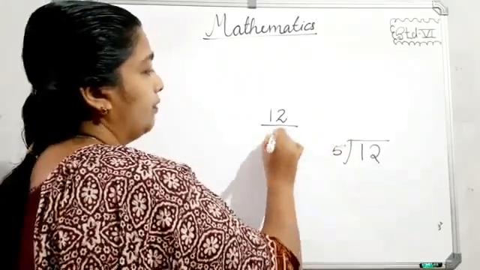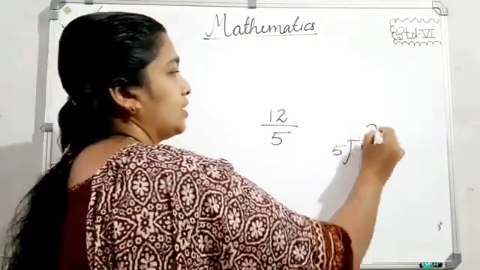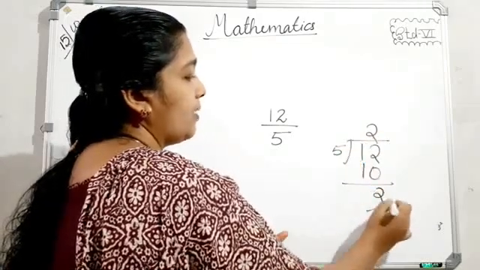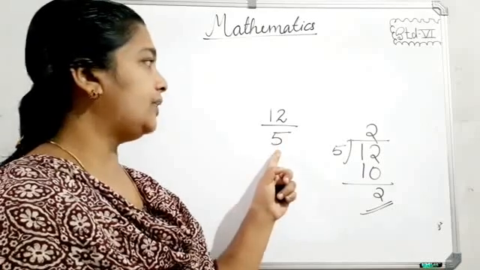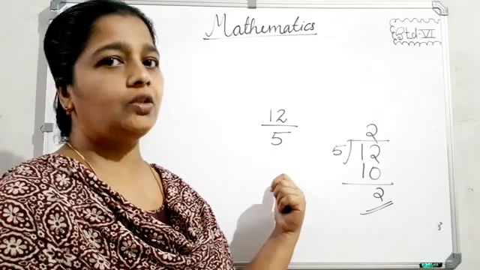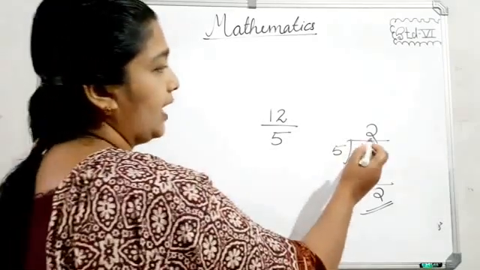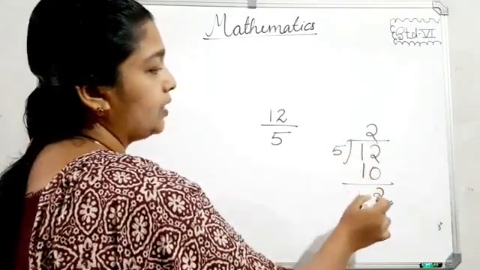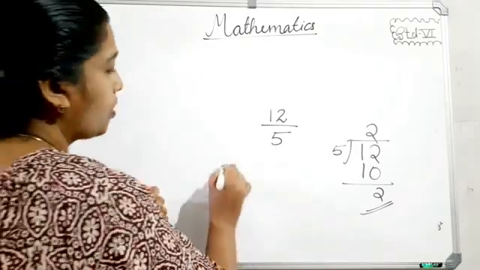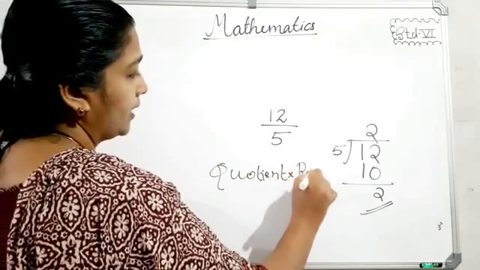Understand? 5 into 2 equals 10, then remainder 2. Once more, 12 by 5 is converted into a mixed fraction. Improper is converted into mixed fraction. That is, we divide, 2 into 5 equals 10, and remainder equals 2. Then the step is quotient into remainder.